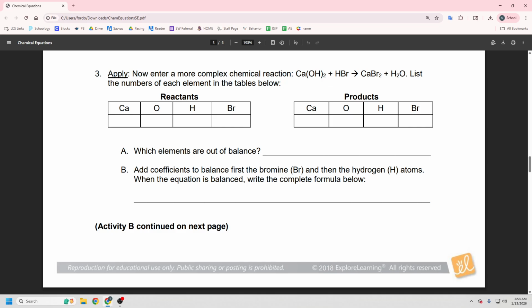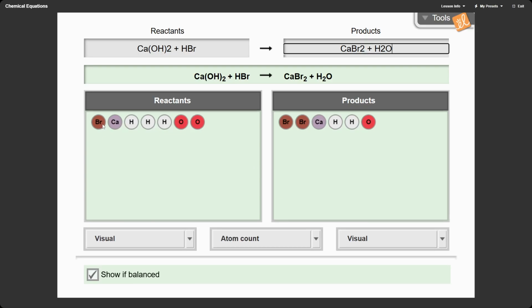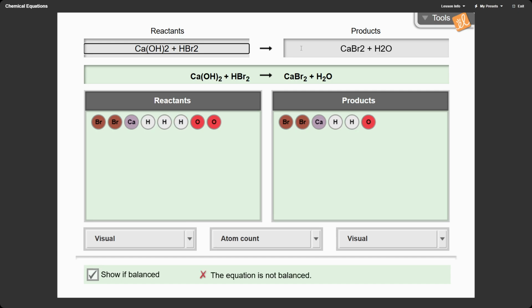Now this is where it gets difficult and you need to kind of guess and check. So I'll try to walk through it with you a little bit. So for the bromine, this has 1 and this has 2. So we can't put a subscript 2 afterwards. We can't do the subscript, all right? But we can go in front of the hydrogen and put a 2 here.